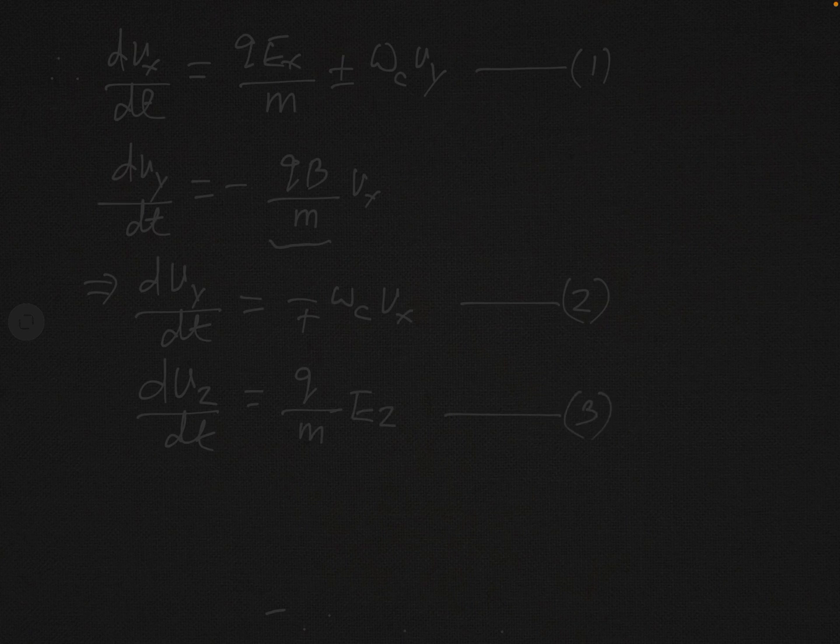You can see this equation 3 was not present in the first lecture, when we considered that the electric field is not present. So this is the difference between these two situations.